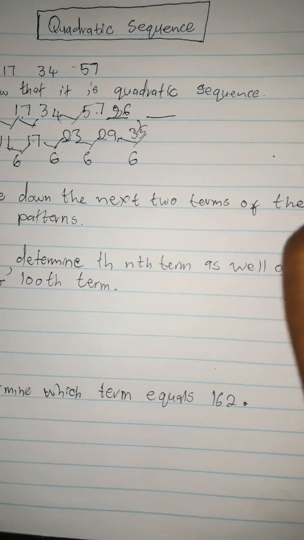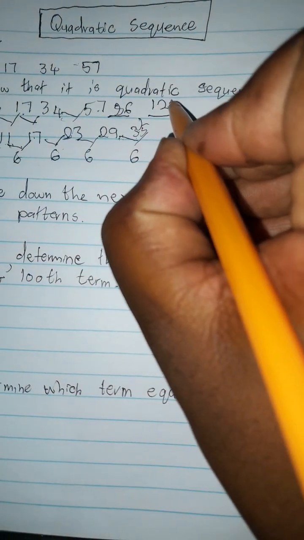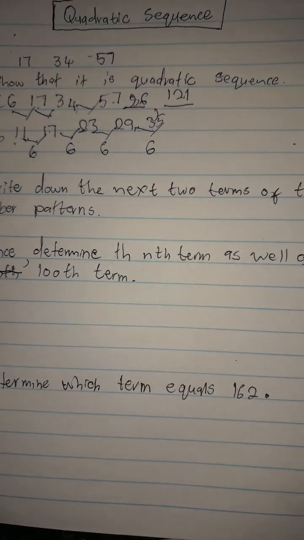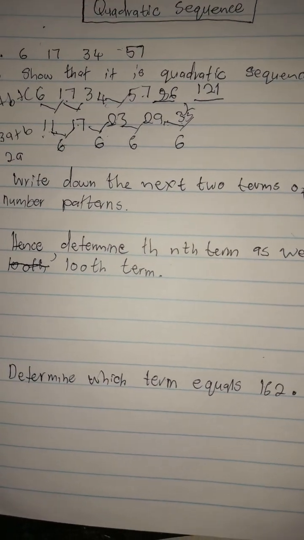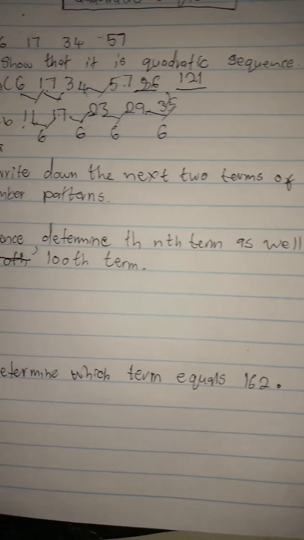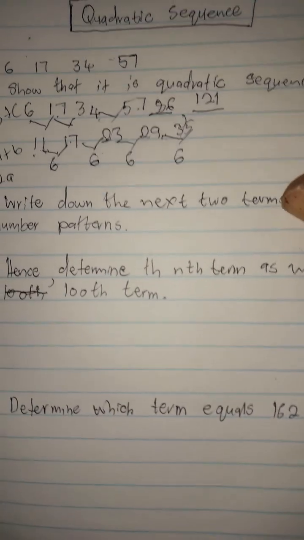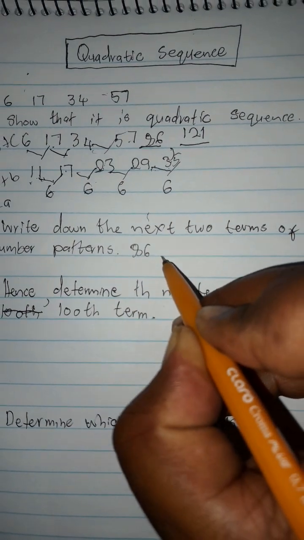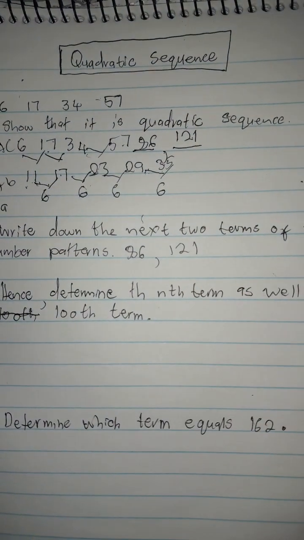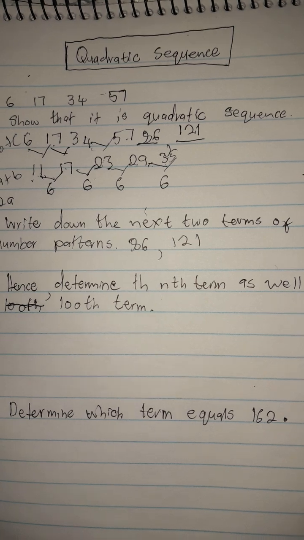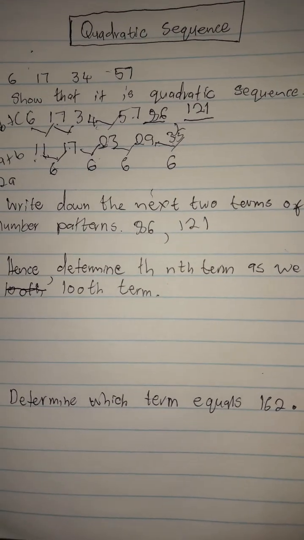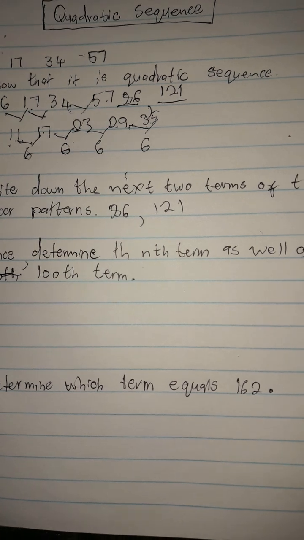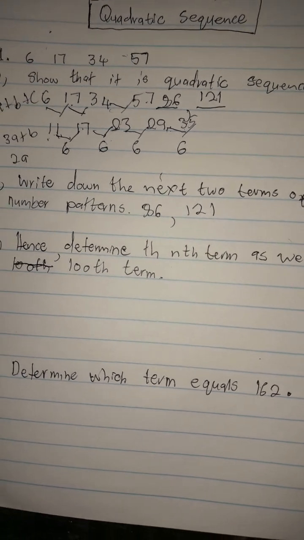That will be 121. So these are the next consecutive terms. Now, the next two terms of the number pattern will be 86 and 121. These are the next two terms. I hope, guys, you are getting it, right? I hope we are learning in this video.